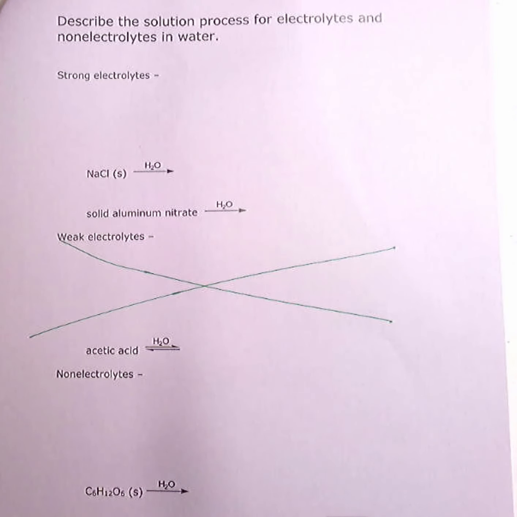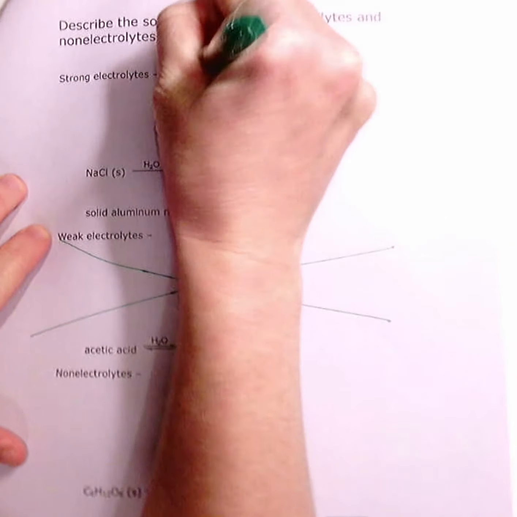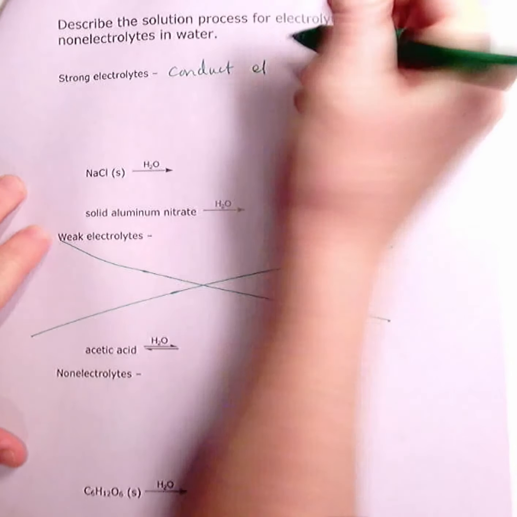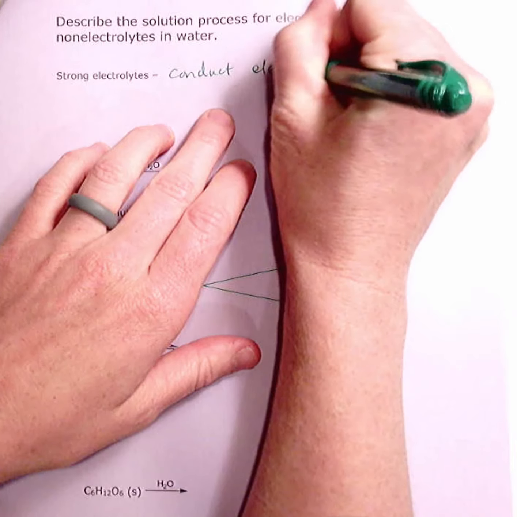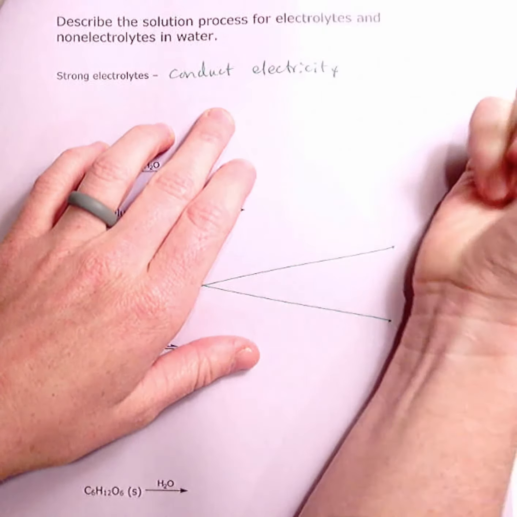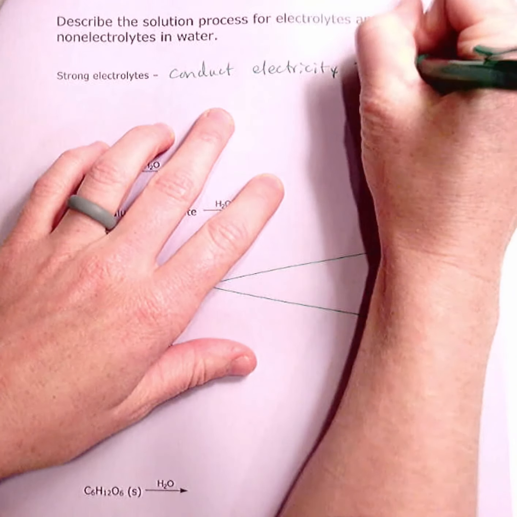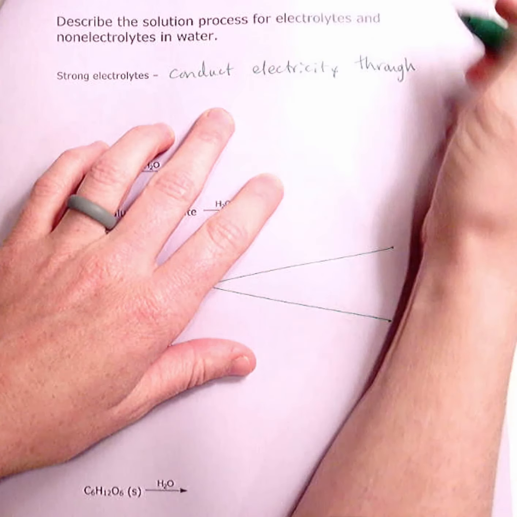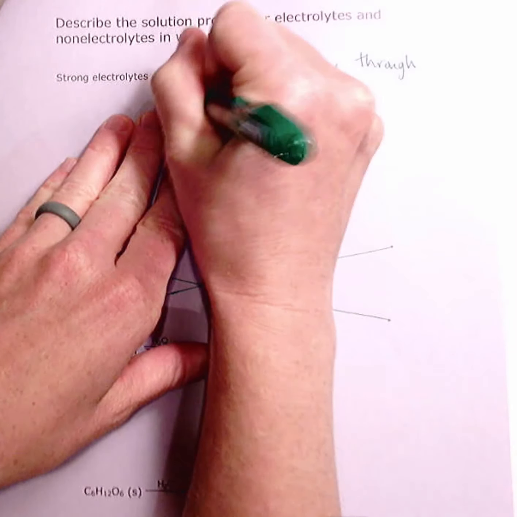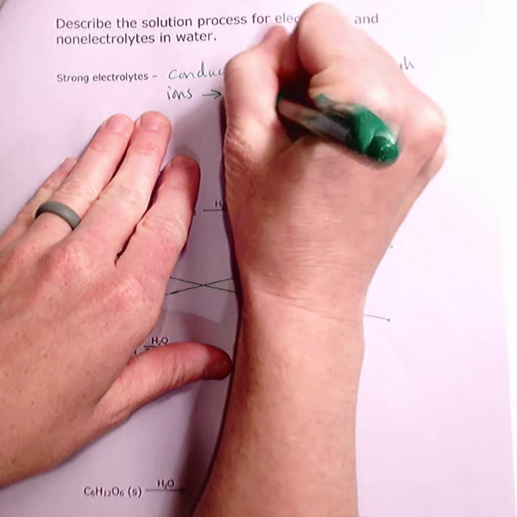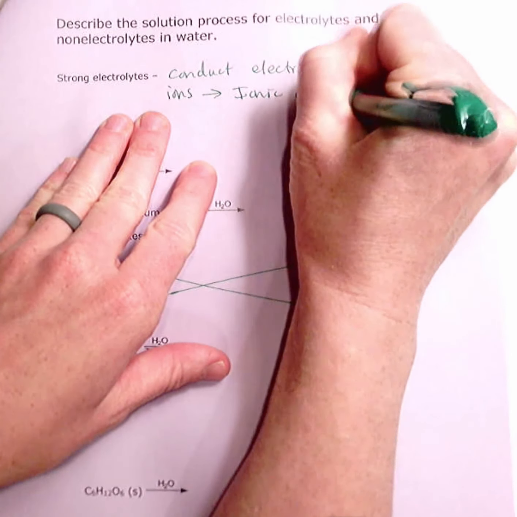But okay, so strong electrolytes conduct electricity through ions. So they are ionic compounds.